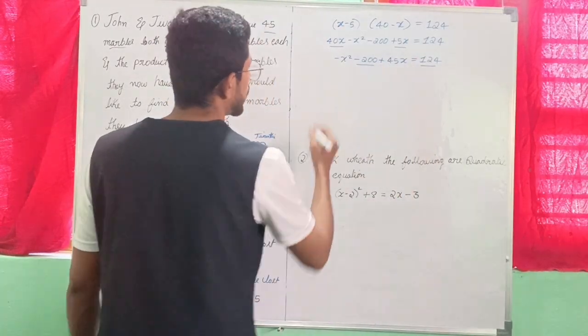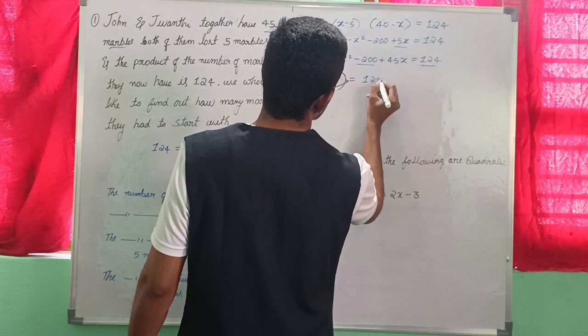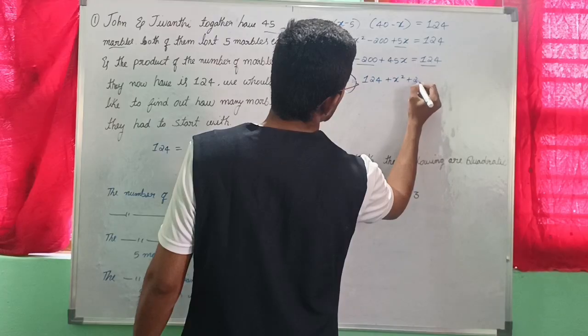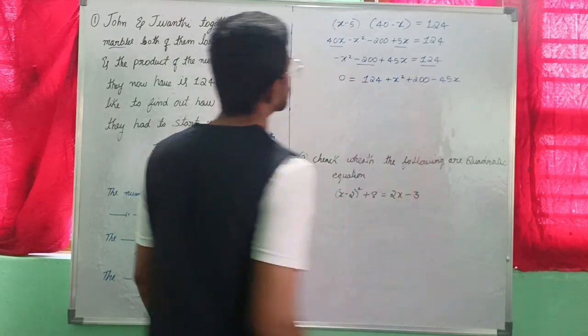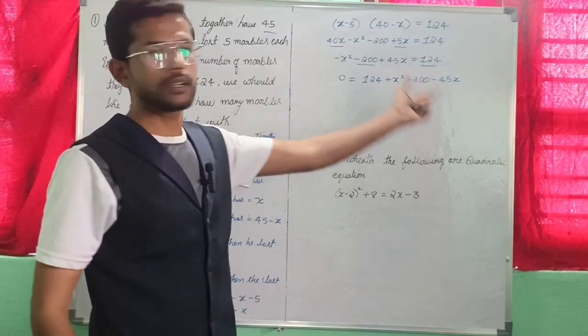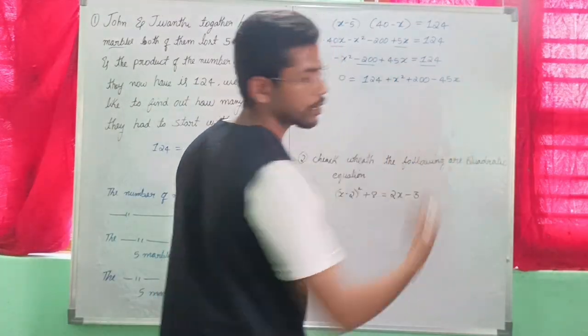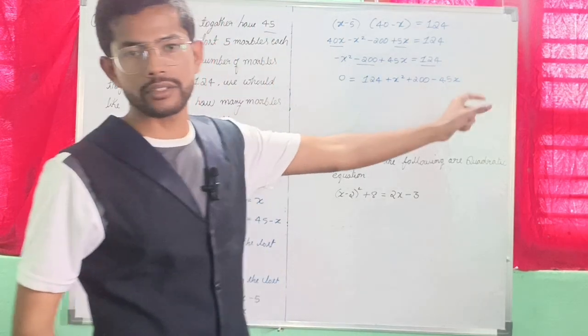Then we get 0 equals 124 plus x squared plus 200 minus 45x. The signs are changed when I shift these terms to the RHS.